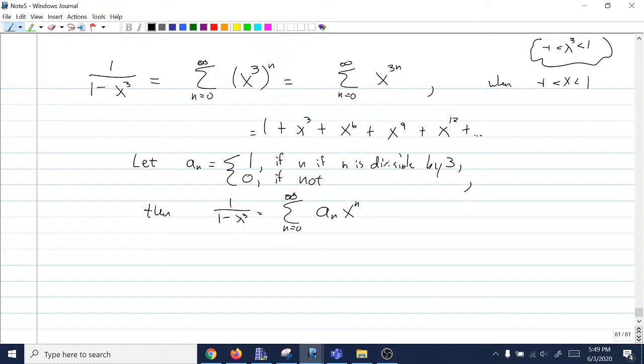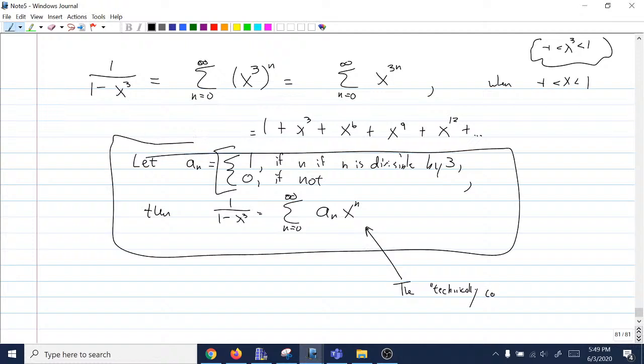Like, you need to specifically come up with a sequence that equals 0 for the missing terms. This is the technically correct way to write this as a power series. But nobody ever really wants to write it like this.